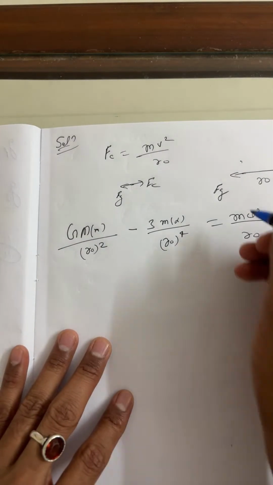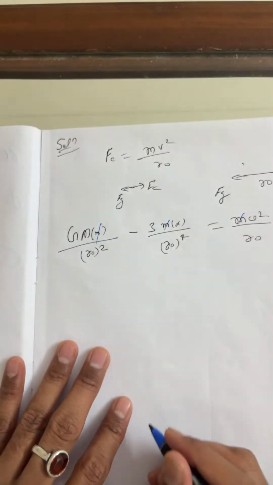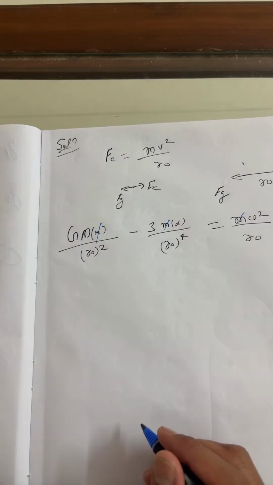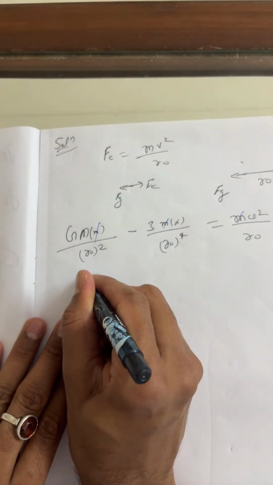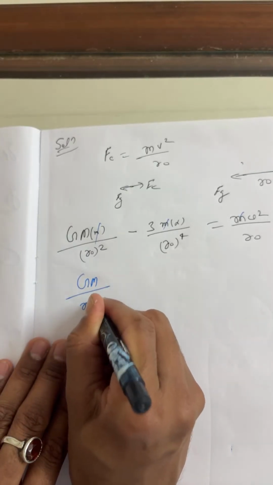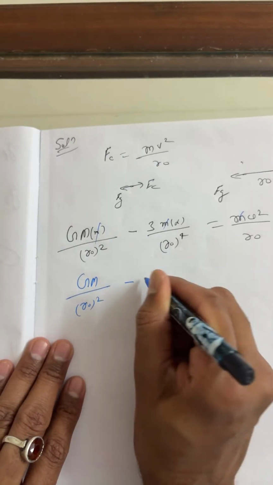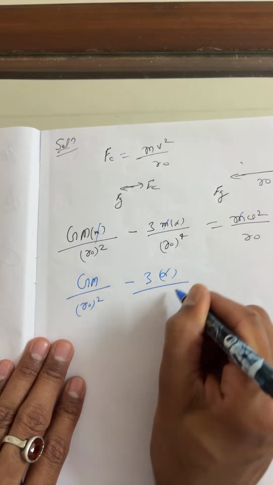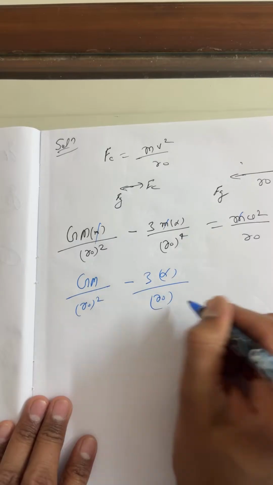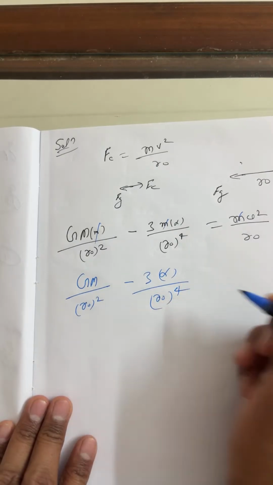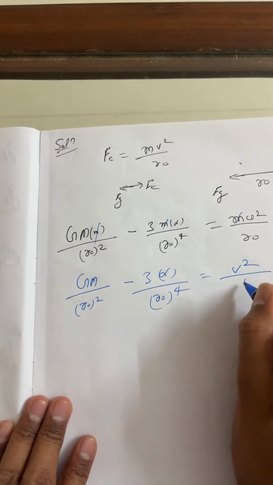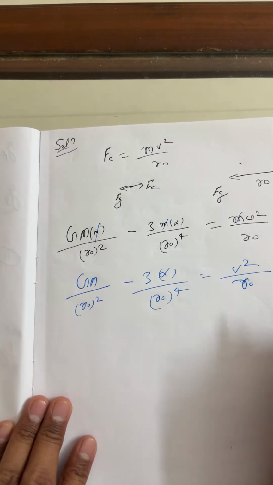Now, students, this m cancels from everywhere. So we can write G capital M upon R naught whole square, minus thrice of alpha upon R naught to the power 4, which is equal to V square upon R naught.